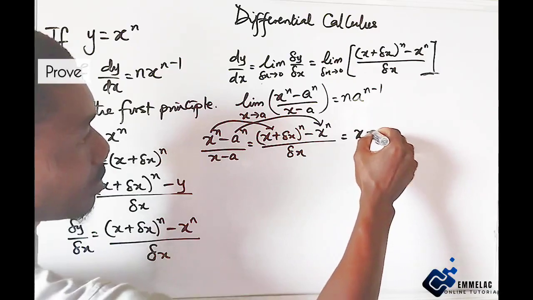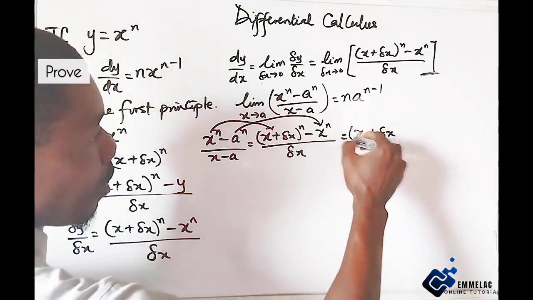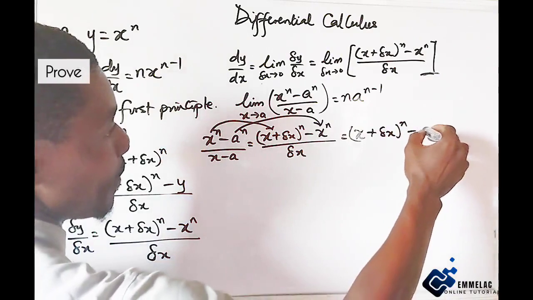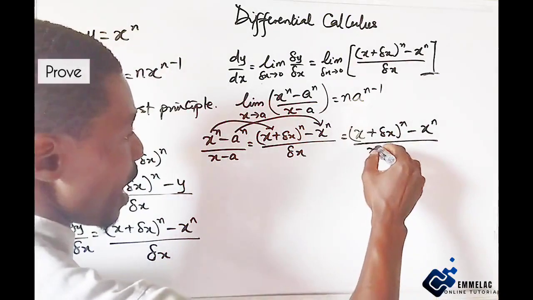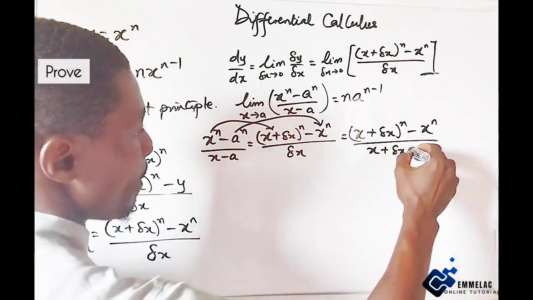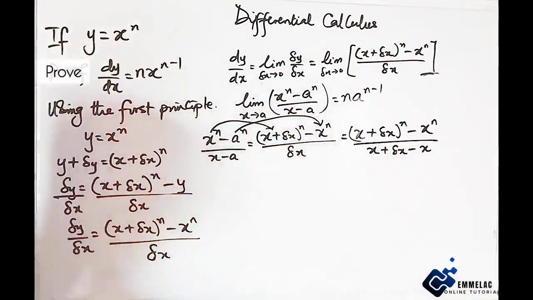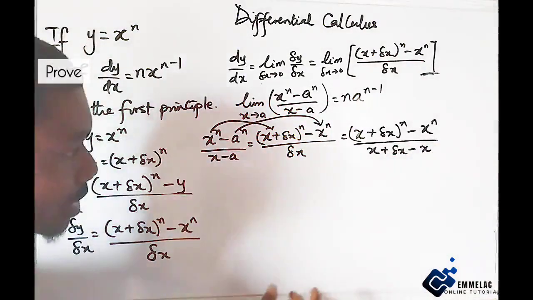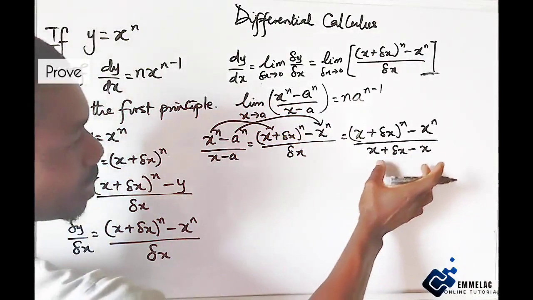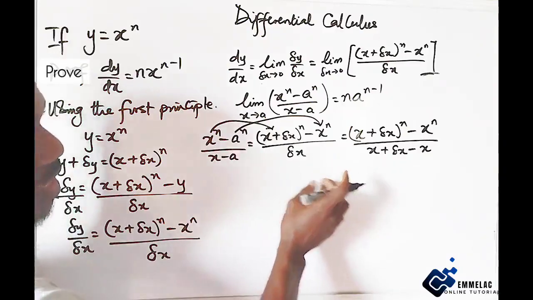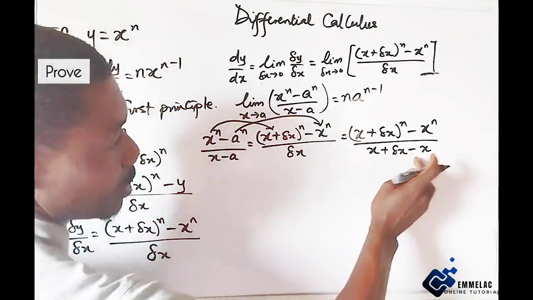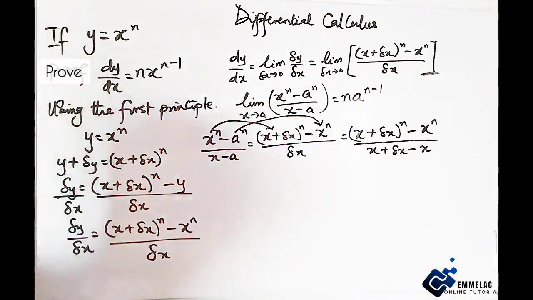Here you have x plus change in x all to the power of n minus x to the power of n, all over x plus change in x minus x. If you look at it closely, you will see that this expression will still give you change in x, because x plus change in x minus x still gives you the change in x.